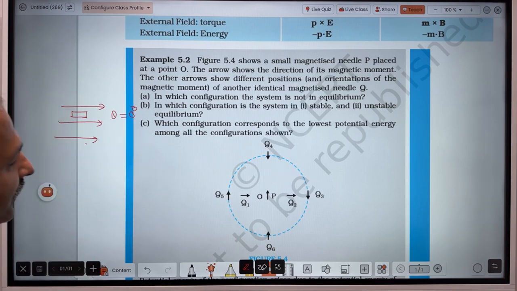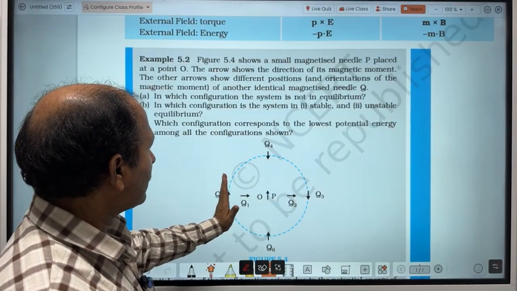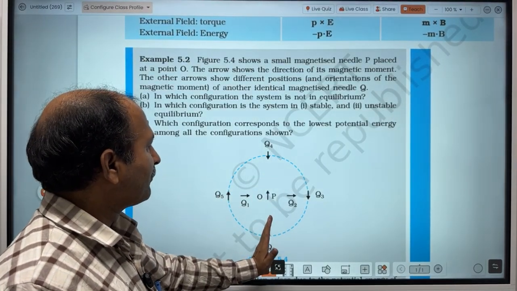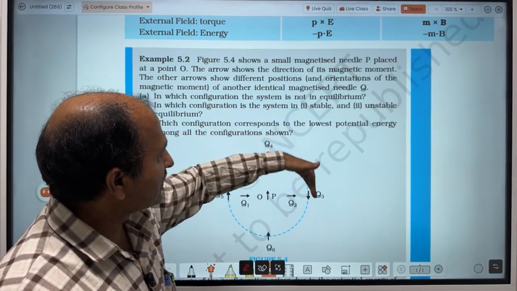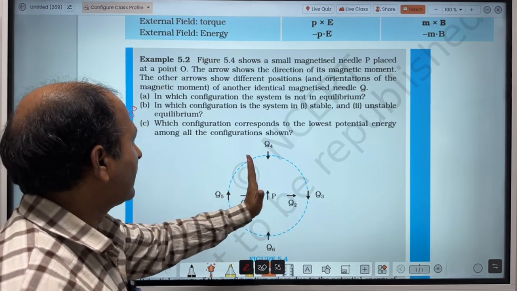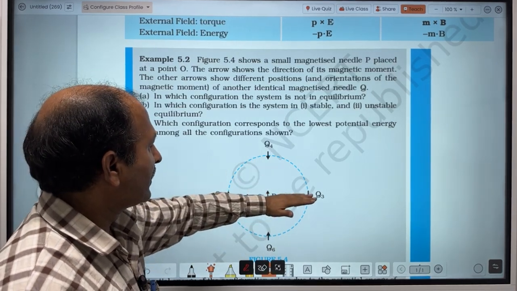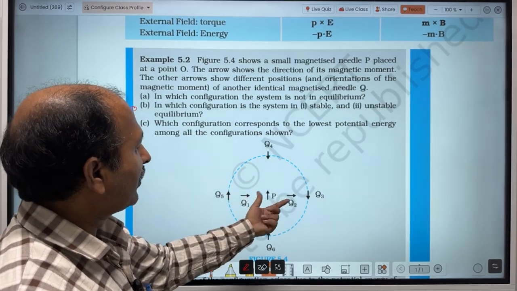So here we can analyze the situation. Which point is parallel to P? This point is parallel to P. What about this? This is anti-parallel. In these two cases, this and this, Q2 is perpendicular. So these two cases are perpendicular.